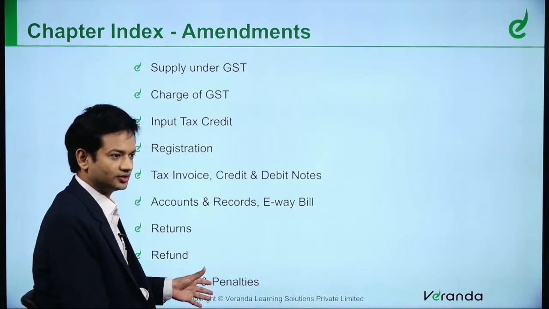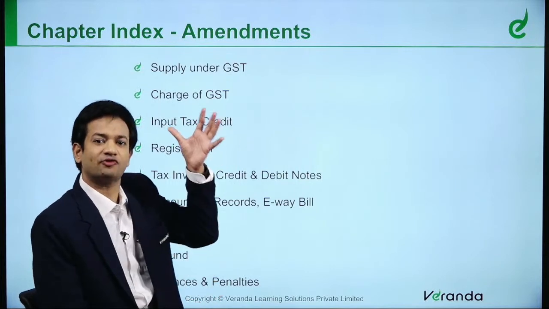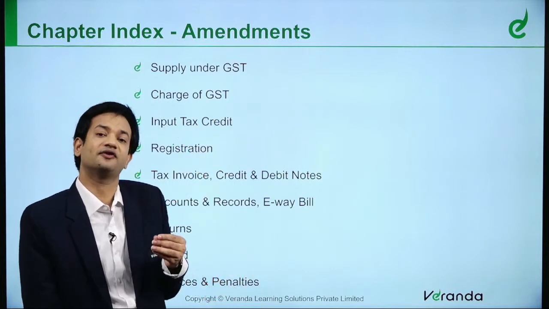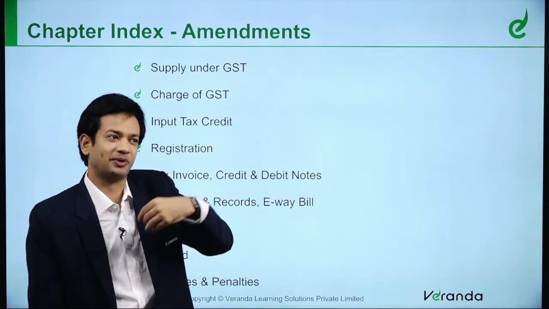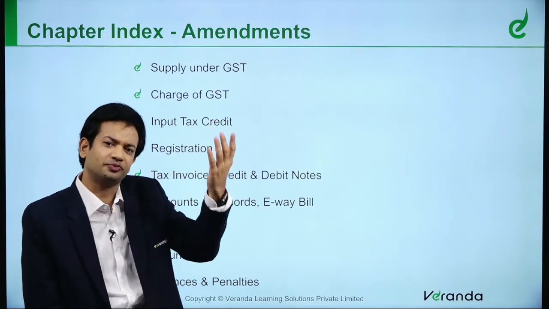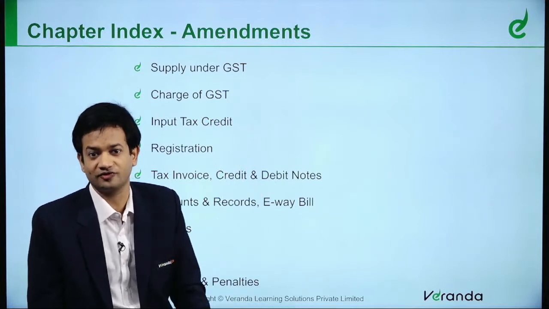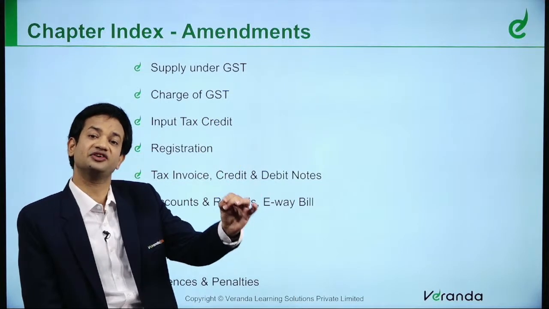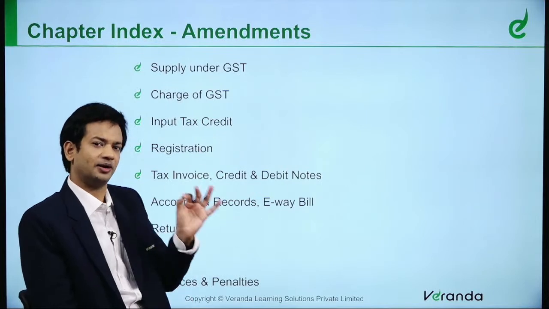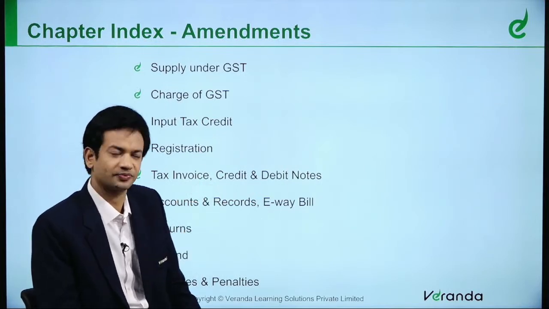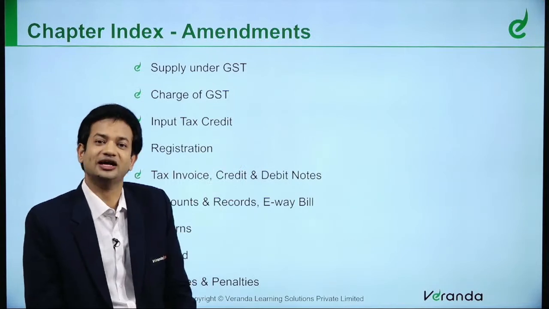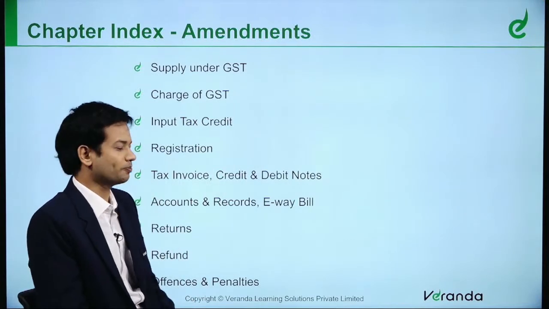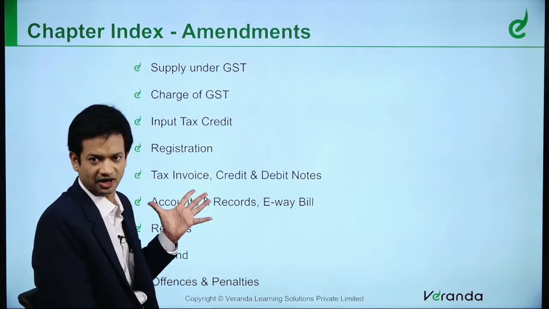Section 122 talks about the respective offences when a person commits such offences. Let's say, for example, I supply goods without an invoice, or I supply an invoice without goods. There are offences which are defined, for which there is a penalty equal to the tax evaded. So there is an amendment in that, an insertion of a clause in section 122, and section 132 is about arrest. In that arrest provision also they have made an amendment. So majorly two amendments in this offences and penalties chapter.